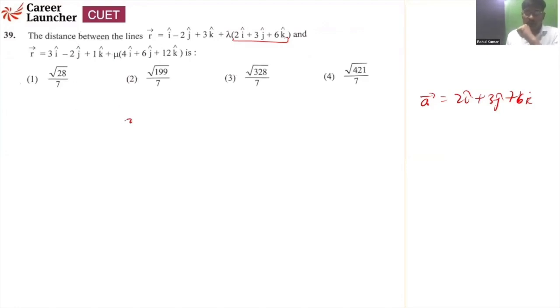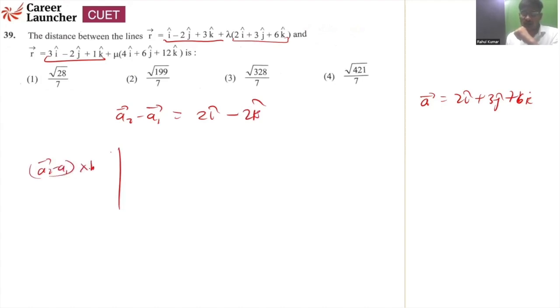So we will find a2 vector minus a1 vector. So 3 minus 1 is 2 i cap, minus 2 minus 2 is 0 j cap, and 1 minus 2 is minus 2 k cap. So let's find the cross product of a2 minus a1 cross b vector.